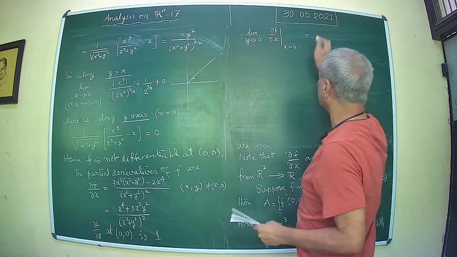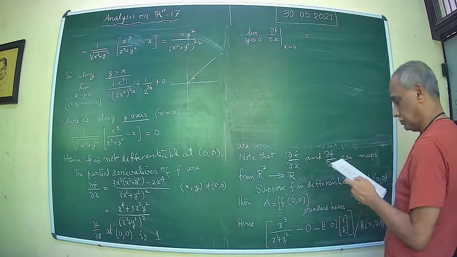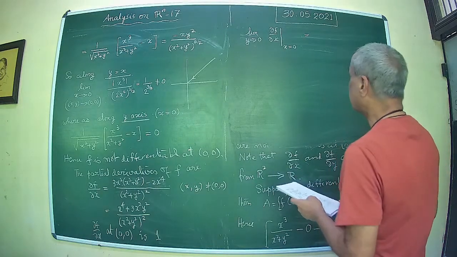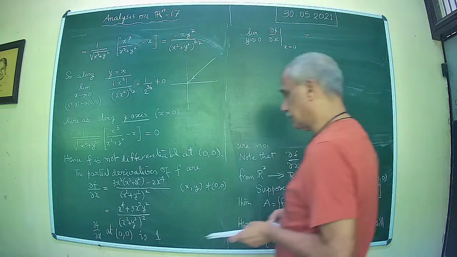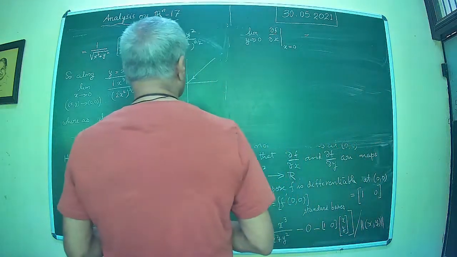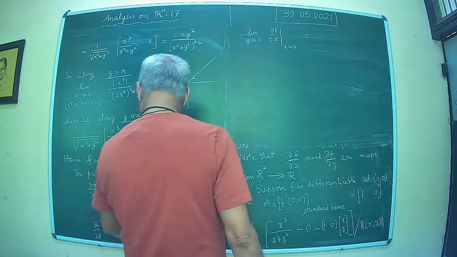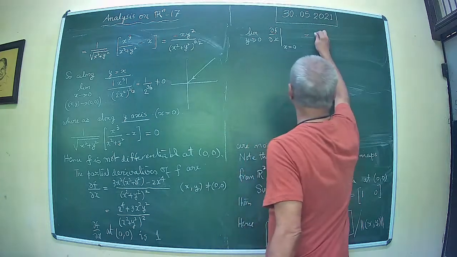This is equal to, you see that if you look at this expression, this is the line x equal to 0, therefore this is 0. This is equal to 0.